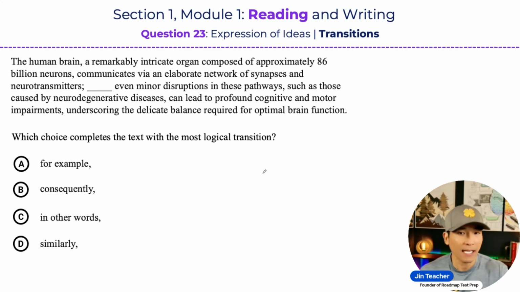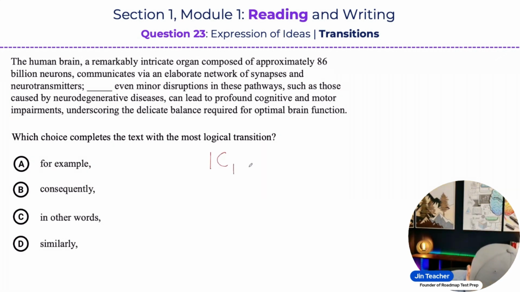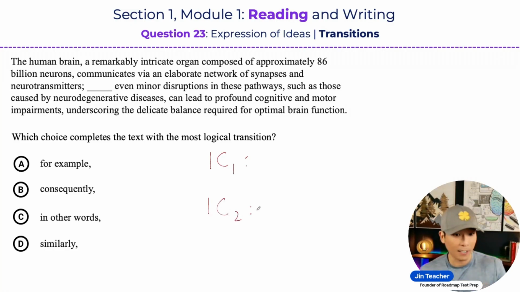So what does that look like for transition questions? Well, the key is working step by step, one step at a time. When it comes to transition questions, what we're really trying to do is focus on one idea at a time. So we want to focus on the first independent clause before we jump on to understanding the second independent clause.